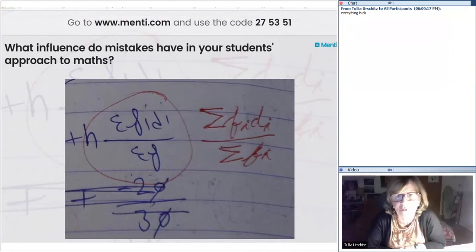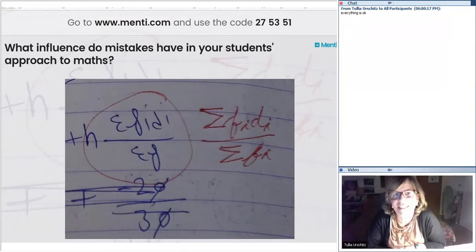There is an approach, an interactive approach. If you go to menti.com in your browser and use the code that you find here in the slide, you can write down what is the influence that mistakes have in your students' approach to math.